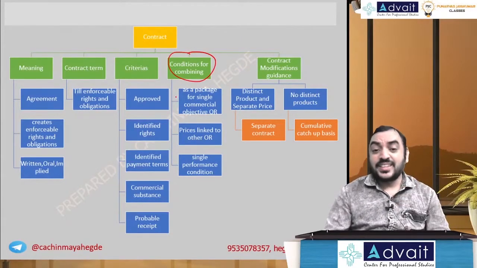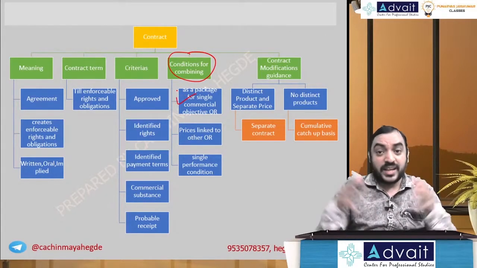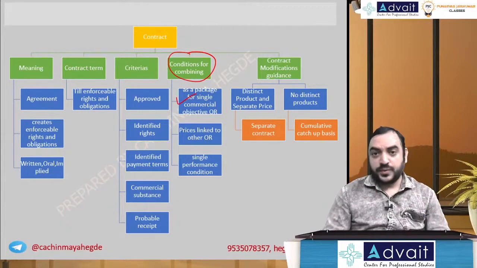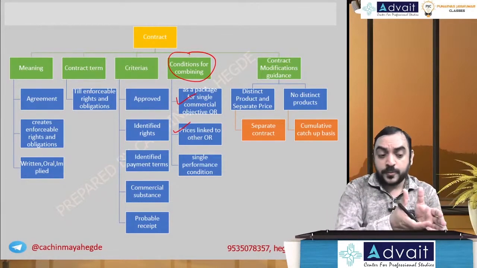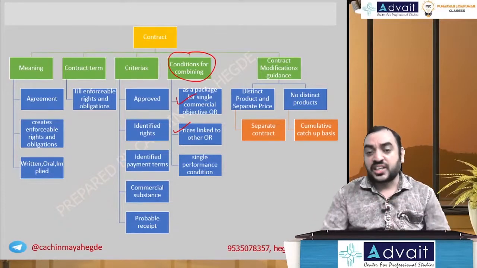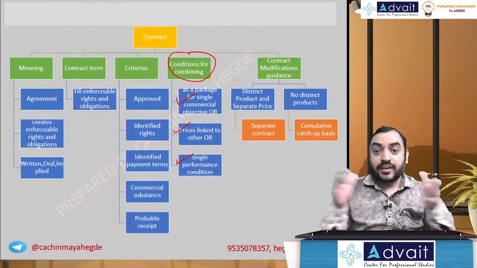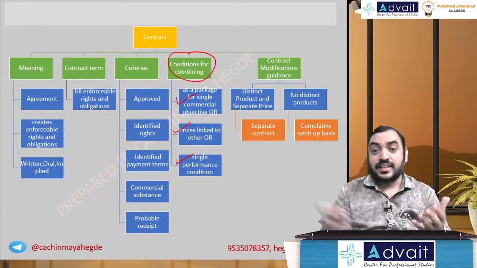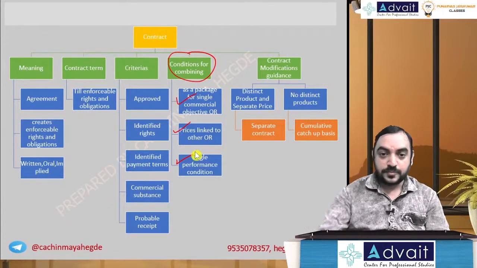If it is taken as a package for a single commercial objective, it might be different contracts, but the objective is one single commercial package. Prices are linked. The contract revenue of one is dependent on another, like some discount you got, some sort of connection. And single performance obligation. Though the contracts are entered separately, they satisfy the definition of one single performance obligation.